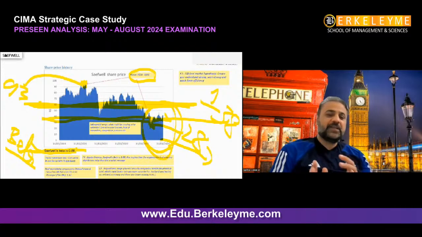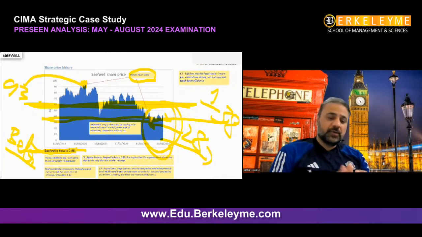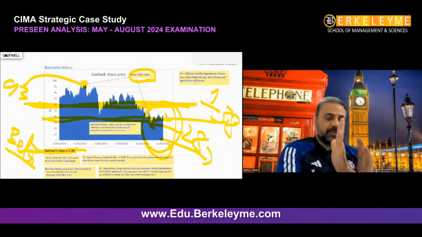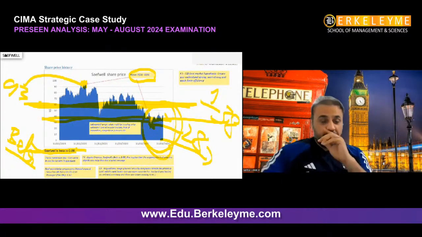But if it is less or more, then you have to see whether you are strong or the market is strong. If you are less than 1, Safewell is less than 1, it means Safewell is stronger than the market. That's the criteria. 1 is the yardstick. Anything below, you are strong. Anything above, you are weak.